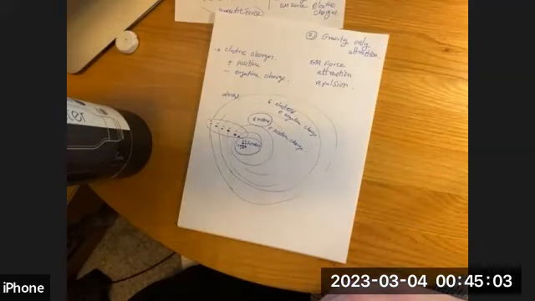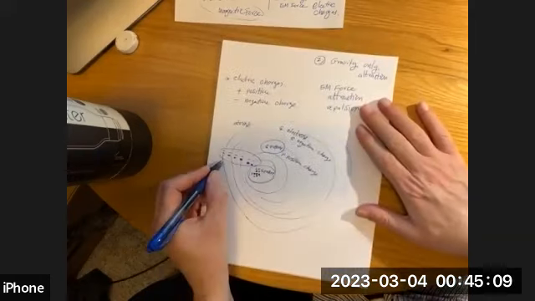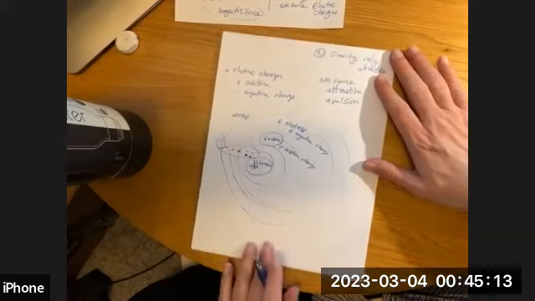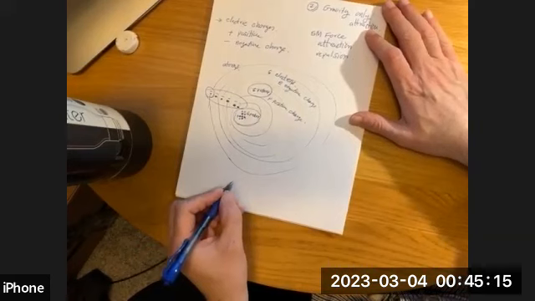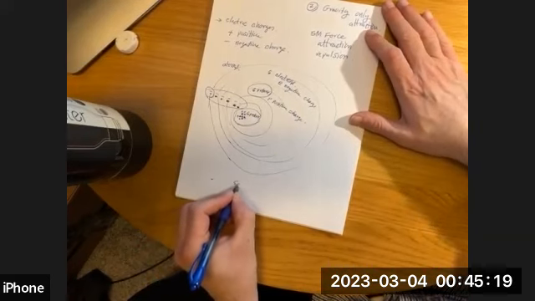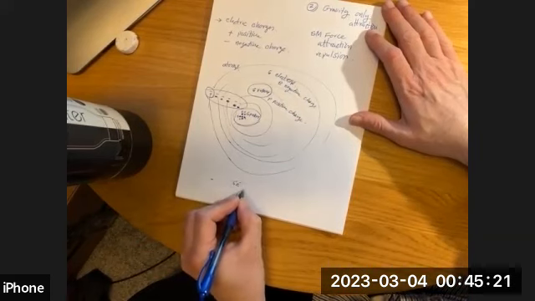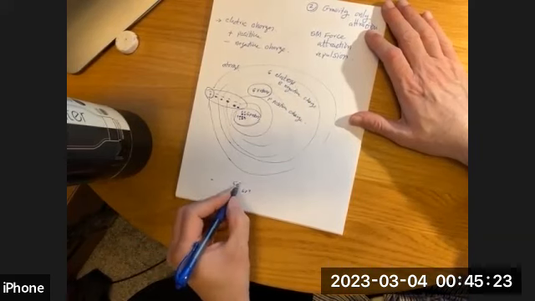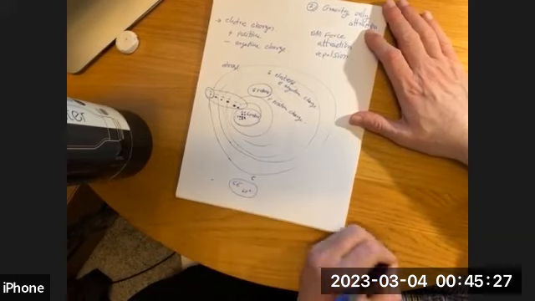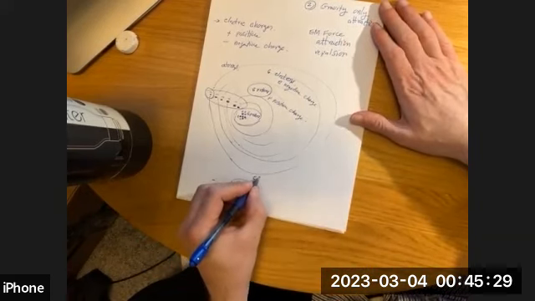However, we can easily separate charges. When this atom loses an electron, it has 5 negative electrons and 6 positive protons, and together we have a carbon atom that is positively charged.